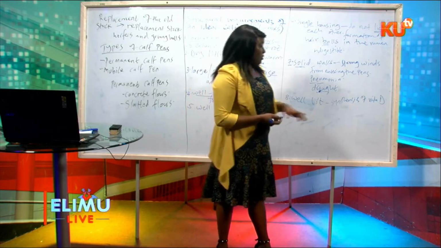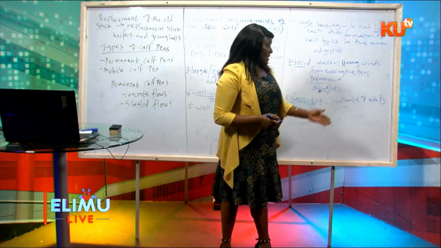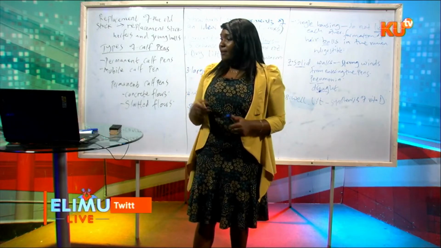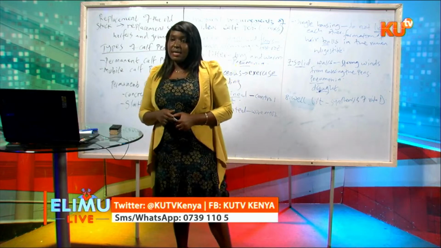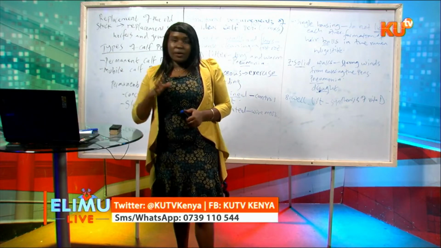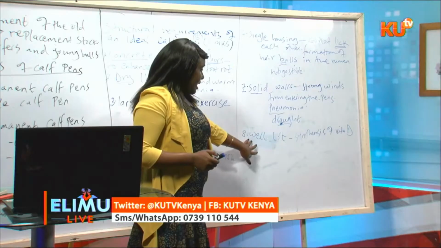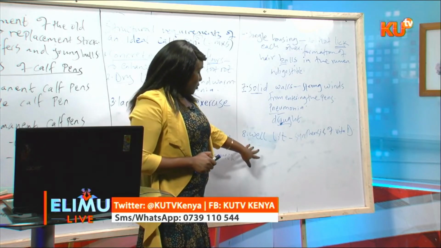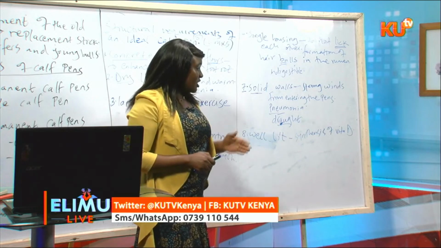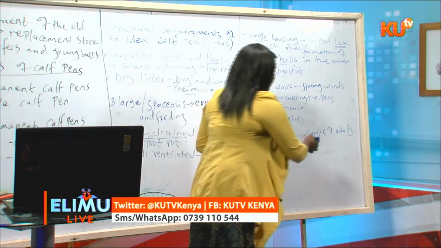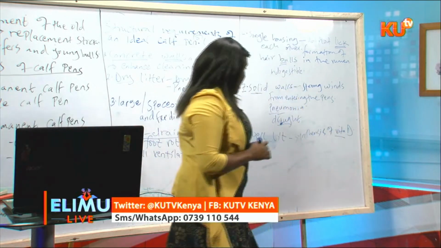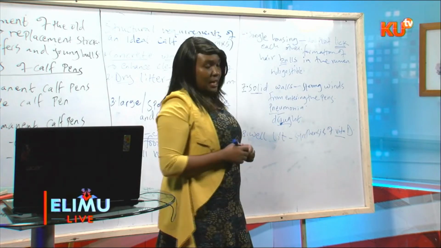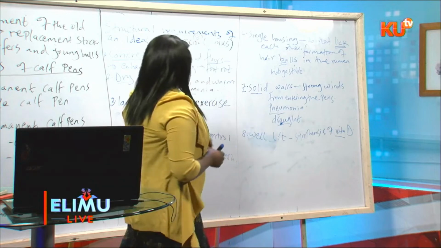For the purpose of synthesizing vitamin D, they require that synthesis. I am looking forward to seeing the right response. The deficiency of vitamin D causes which particular condition in livestock animals?